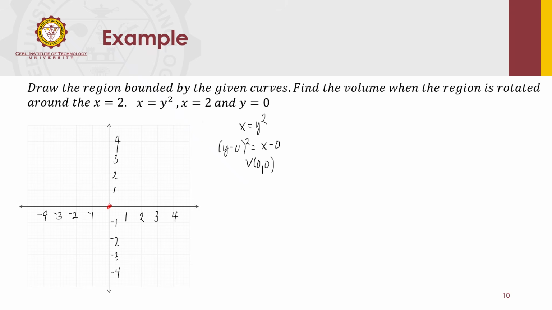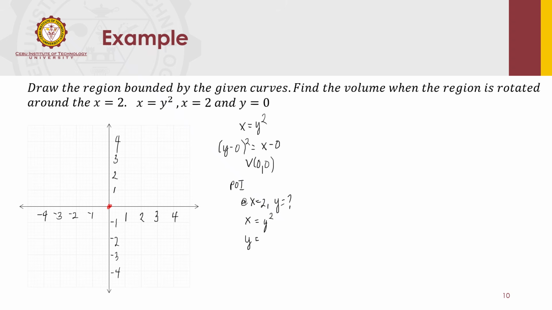So for the points of intersection, we get the values of y at x equals 2. It's given already that x equals 2, so finding the y coordinates is more simple. We have the parabola x equals y squared, so we have two values of y for every value of x.